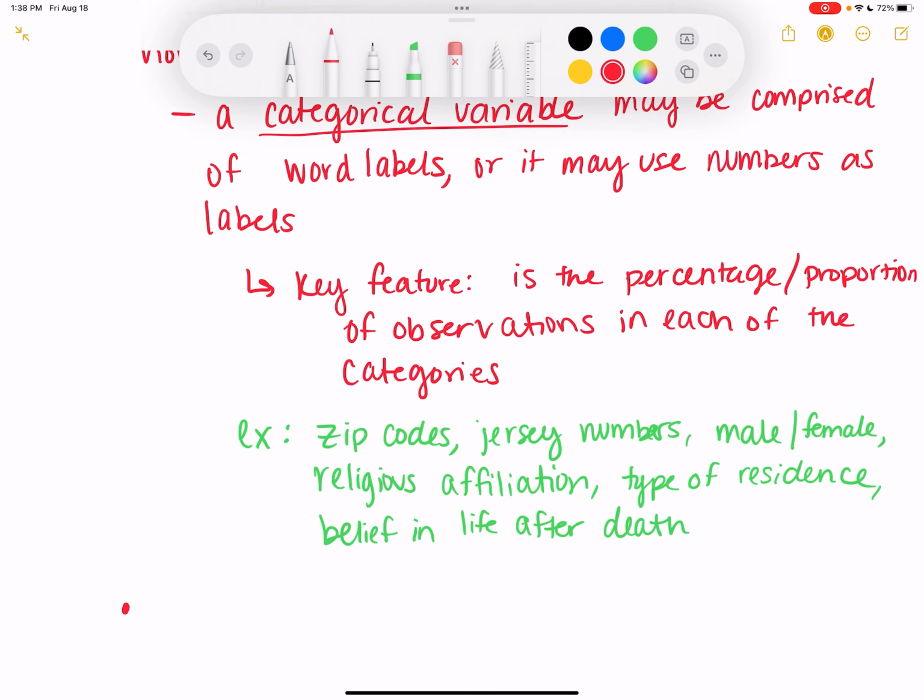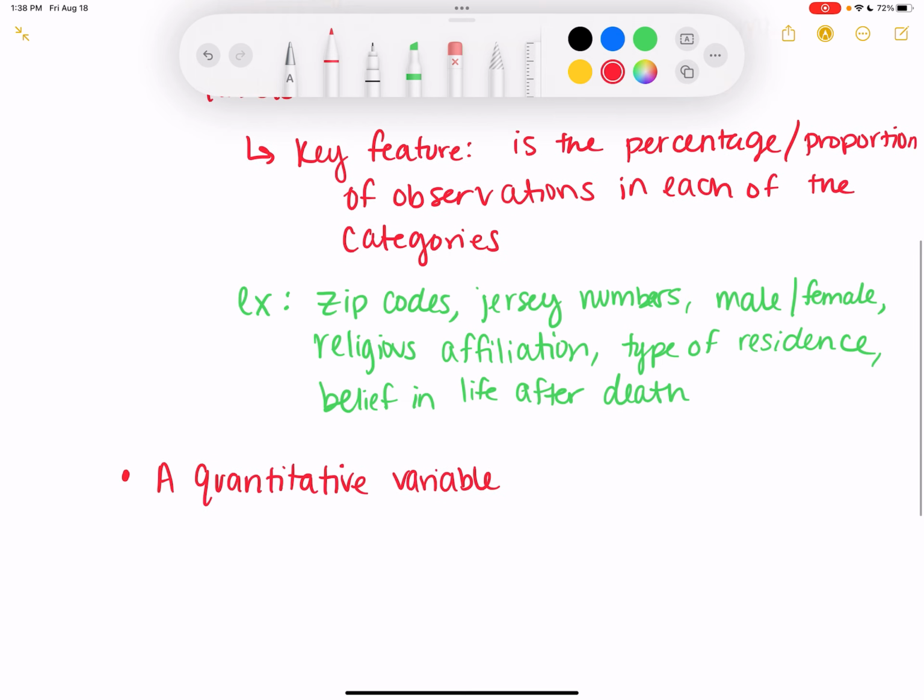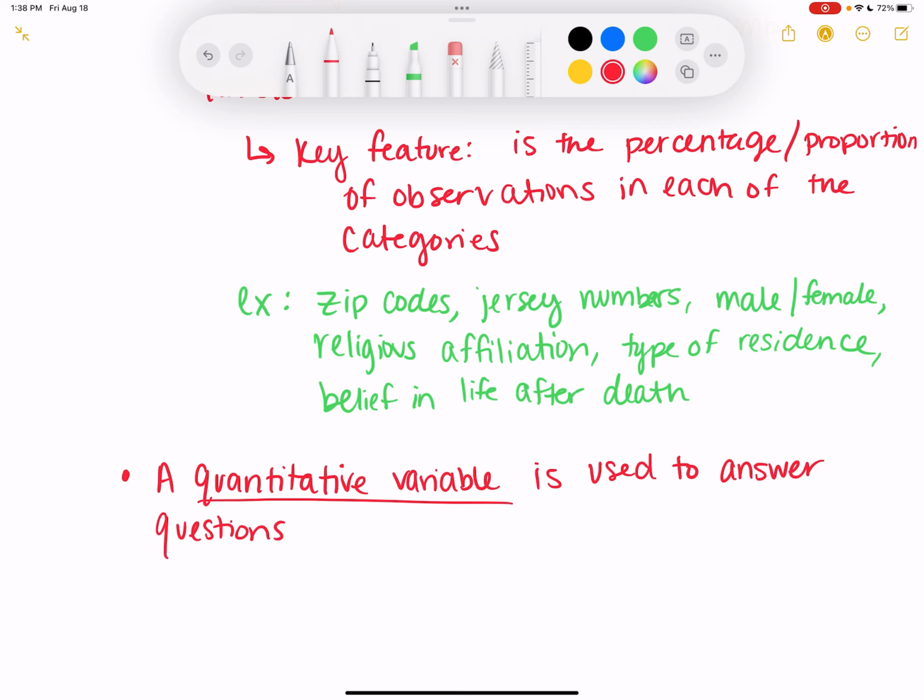The other type is a quantitative variable. Is used to answer questions about what's happening. The quantity of what is being measured.